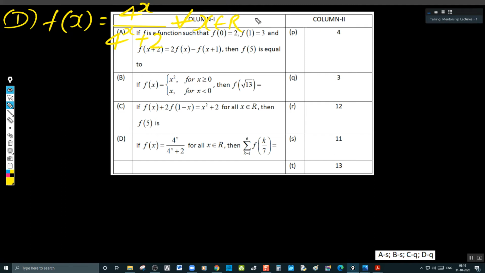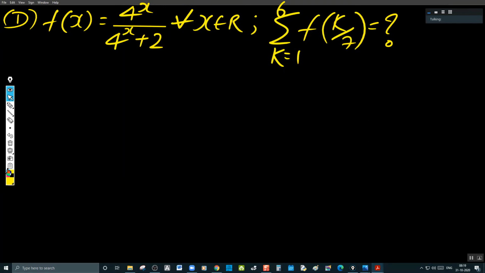And what is to be found out? Sigma f of k by 7, k runs from 1 to 6, is to be found out. This is the question given. All of you, please see that.